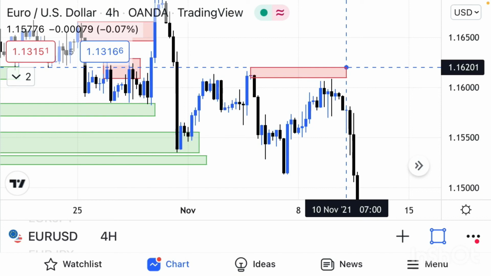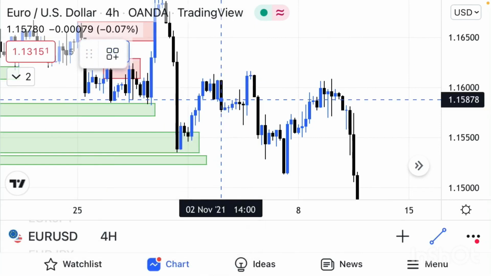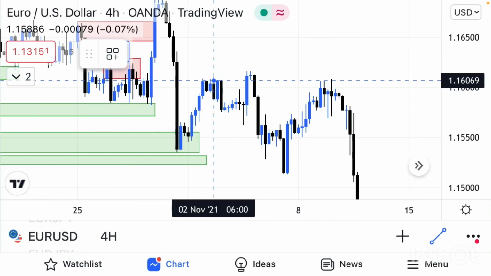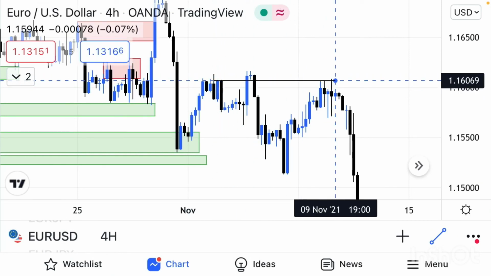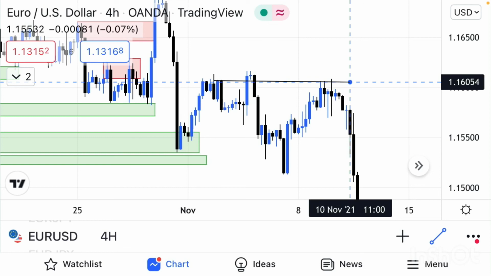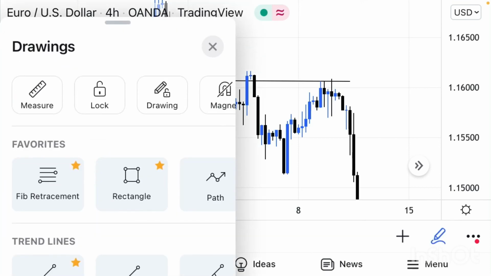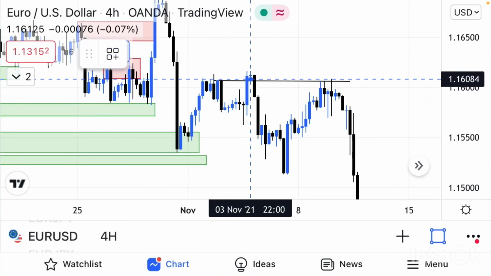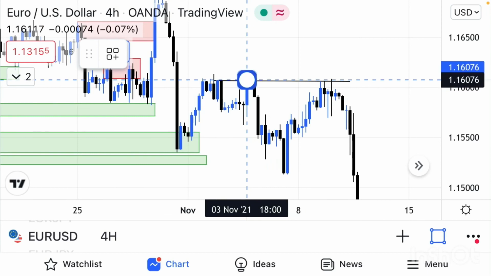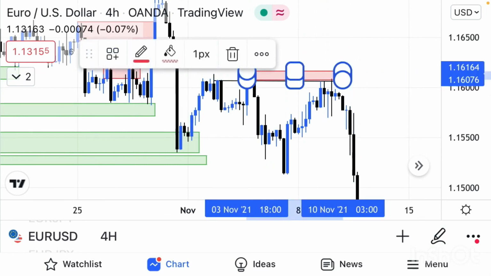You can see we had QML at this zone, in another block. In my next video, I will teach you about QML plus MPL. It's a very lucrative trading setup that makes a good trade.